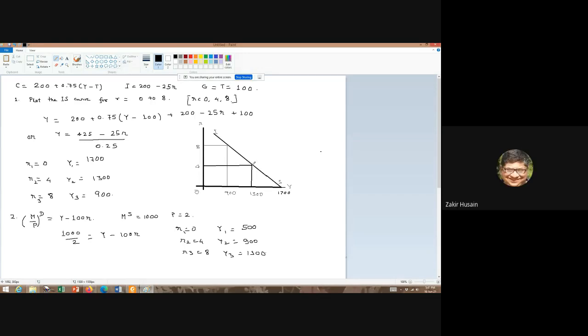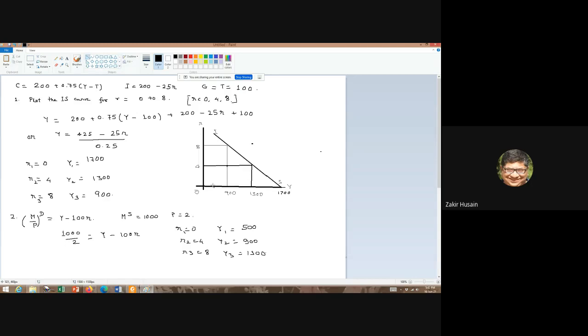R equal to 0 is something like over here, and R equal to 4 is 900. So it will be this point.